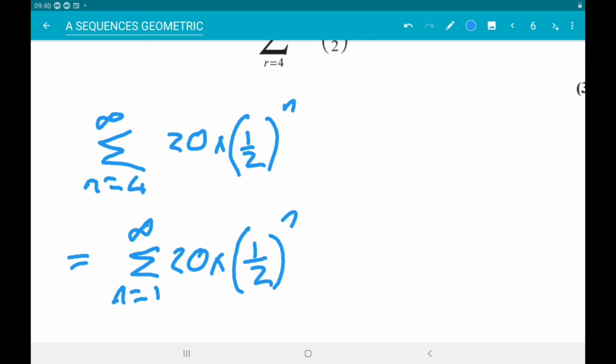So minus the sum from n is 1 to 3 of 20 times 1/2 to the power n.